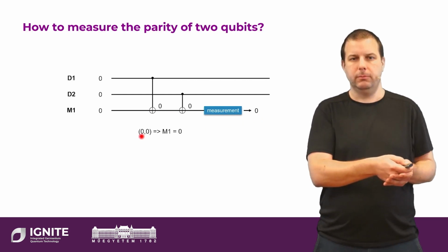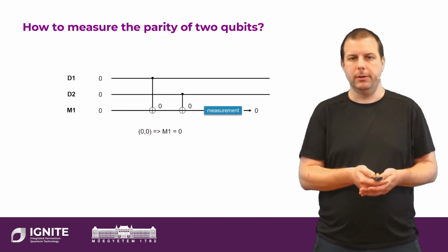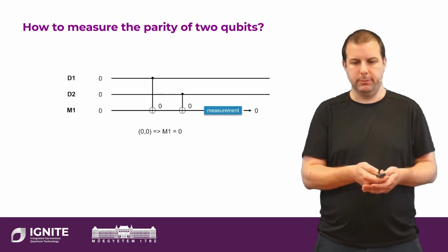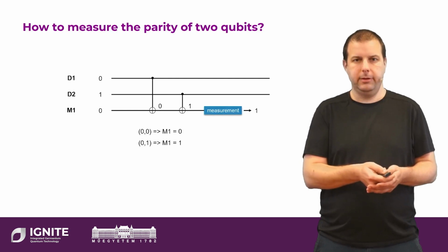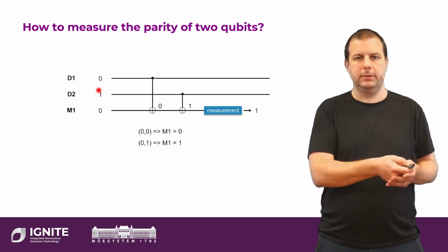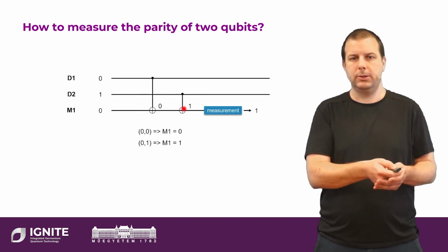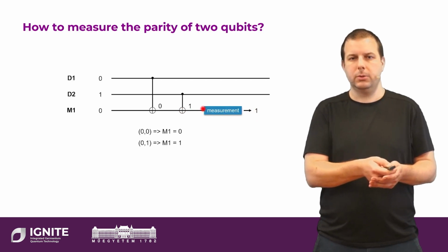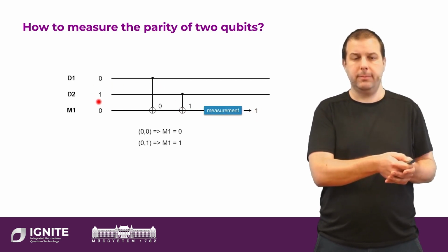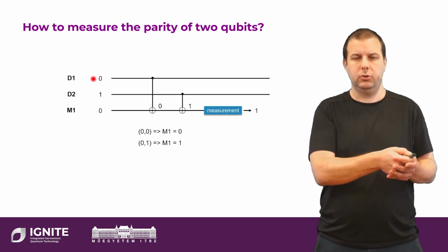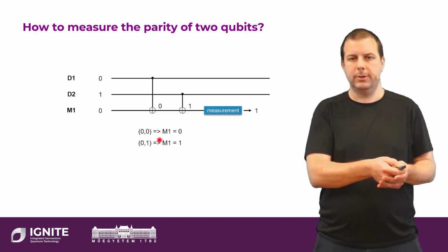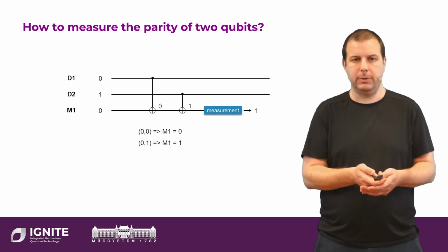So if the data qubits are in the state |00>, it will lead to a measure qubit measurement outcome of 0. If, on the other hand, the second data qubit has a value 1, this second CNOT will flip the measure qubit, and thereby we will measure it as 1. This is an example where the parity of these 2 data qubits is odd, and this will indeed lead to a measurement outcome of 1 when we measure the measure qubit.